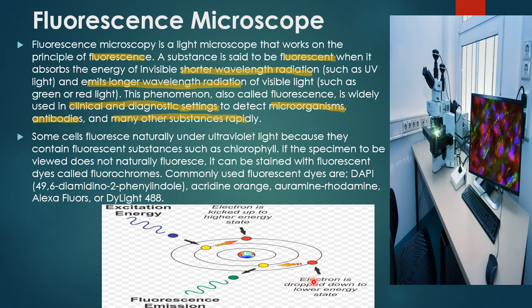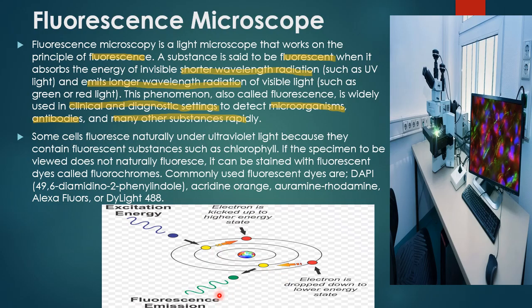When it is jumping down to the lower energy state, it will produce some energy or light which is of longer wavelength. As you can see, this is a green light, and green light has a longer wavelength. It got excited because of shorter wavelength light, and now it is producing longer wavelength light.